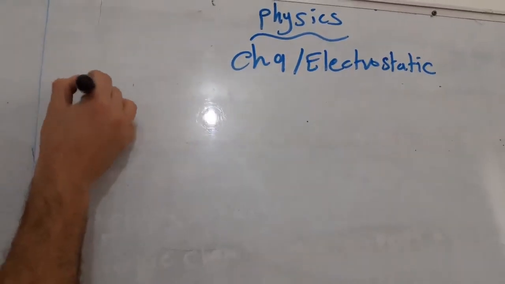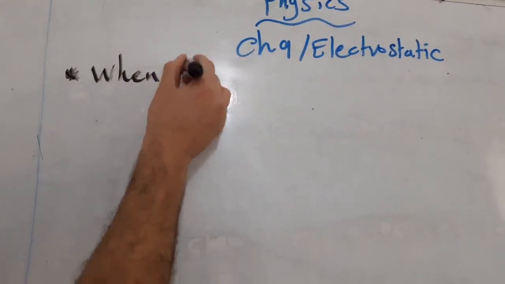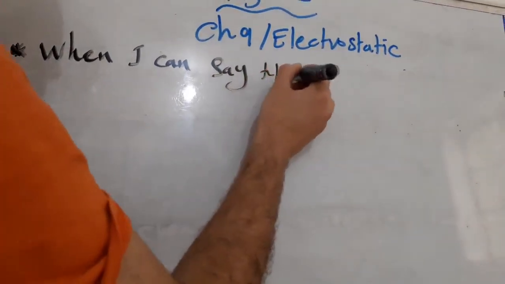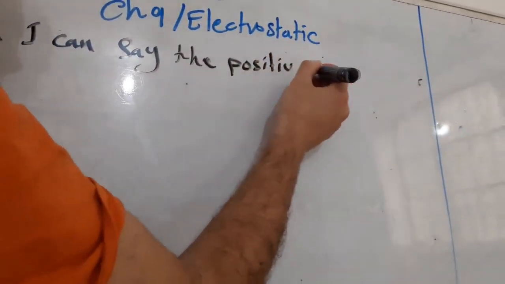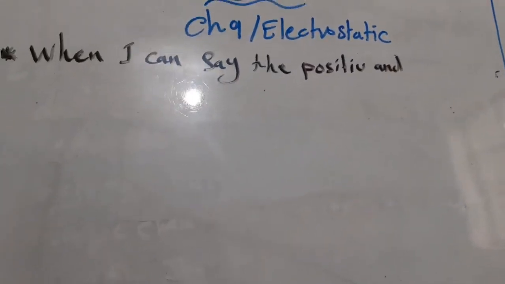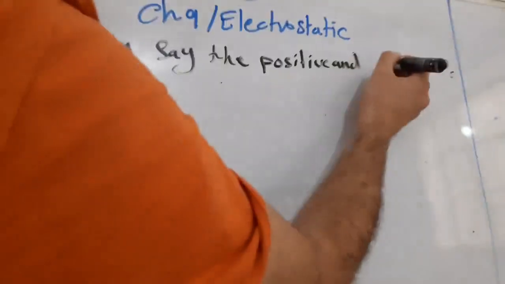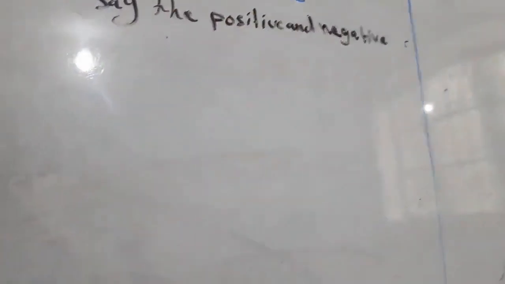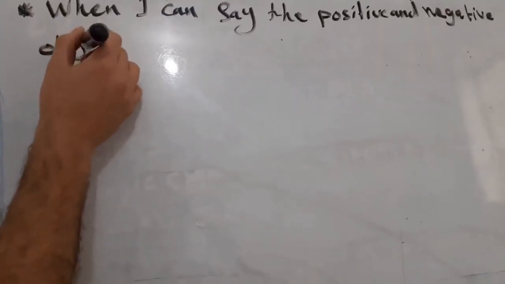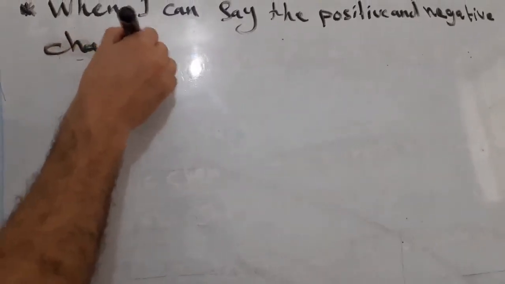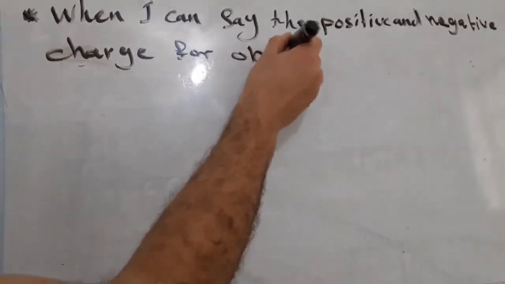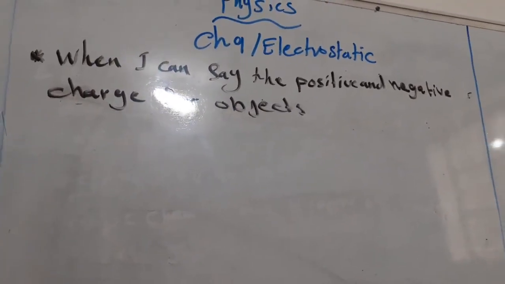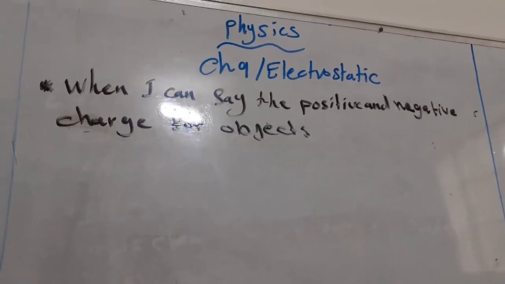Now, when can I say an object has positive or negative charge?